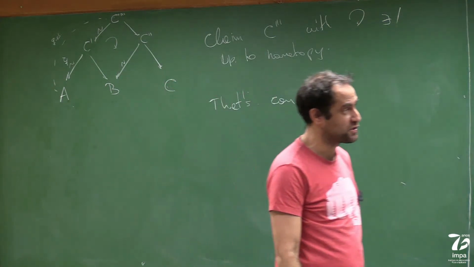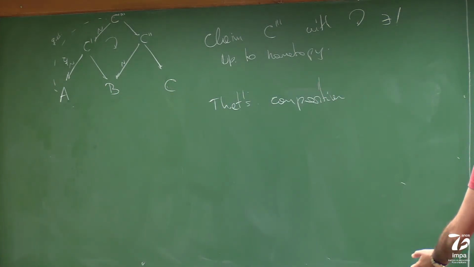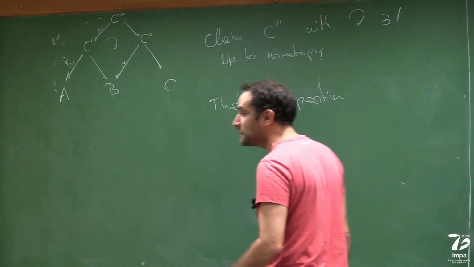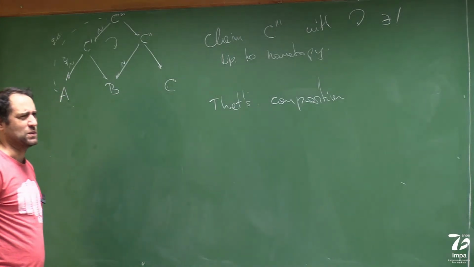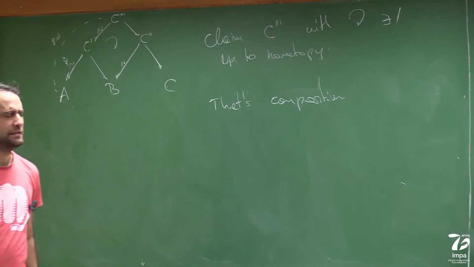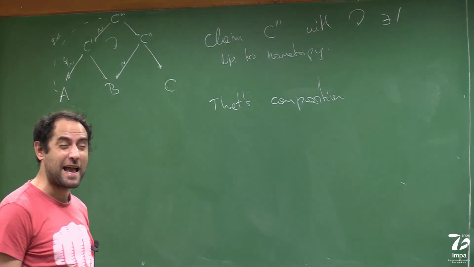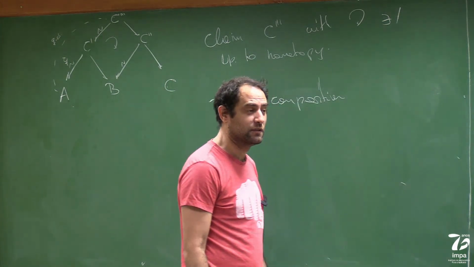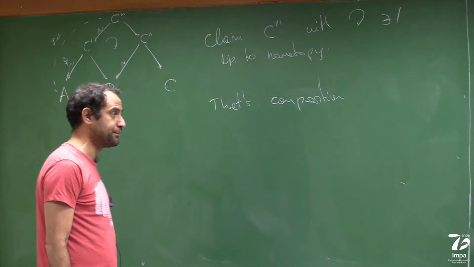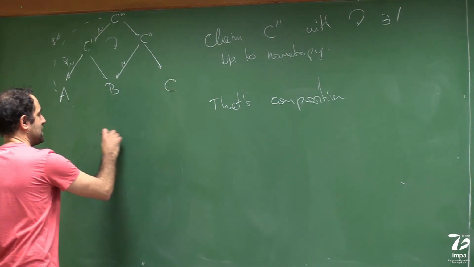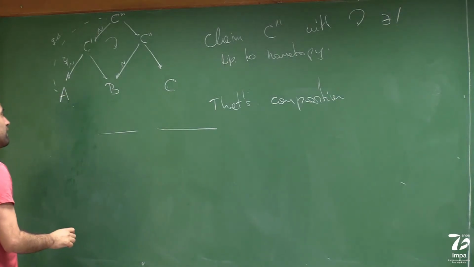I just told you that composition is well defined because that C3 prime is unique. But now I need to check that composition is associative. And this I don't want to do. So we need to check that the identity is an identity for the composition and that the composition is associative. And perhaps let's do one of them.